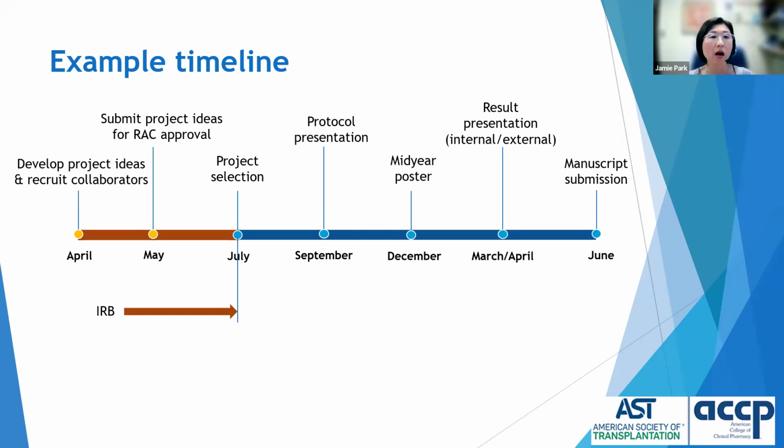And know your IRB. What's the average time it takes to approve? Some IRBs actually don't require a full review of the IRB application because it's a retrospective review, or they allow you to have an umbrella IRB, so you don't have to submit a separate IRB for each different project.